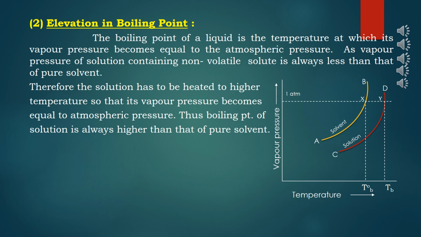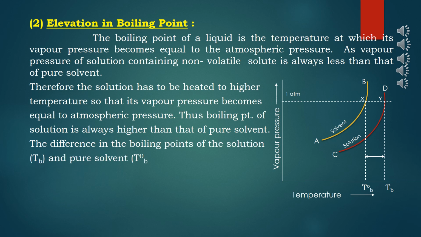So it is clear that the boiling point of solution Tb is higher than that of solvent Tb naught. The difference between the boiling point of solution Tb and pure solvent Tb naught is called the elevation in boiling point, delta Tb.